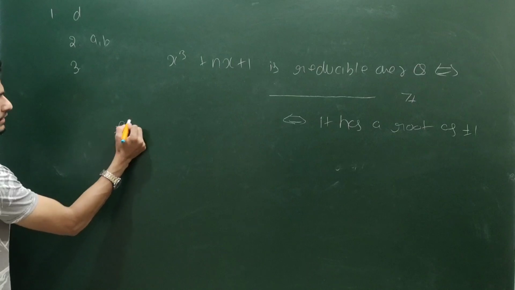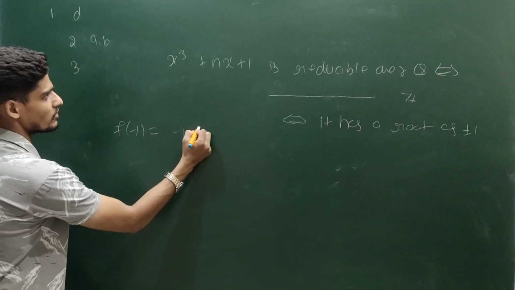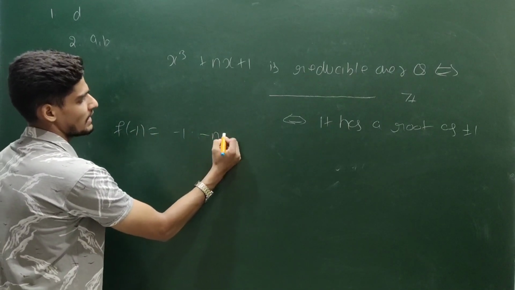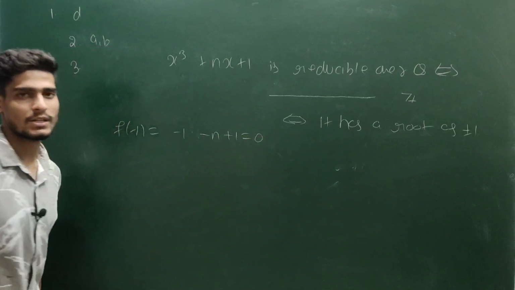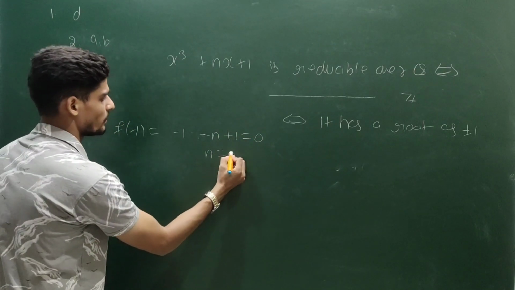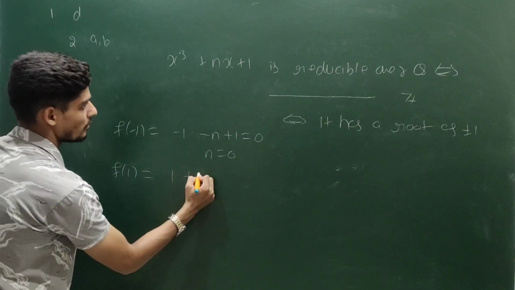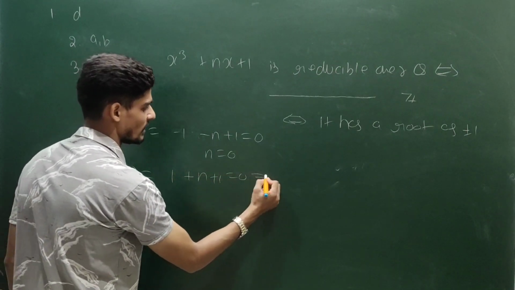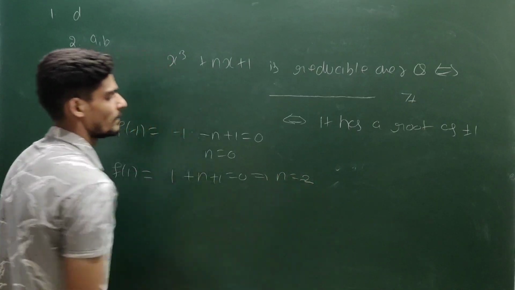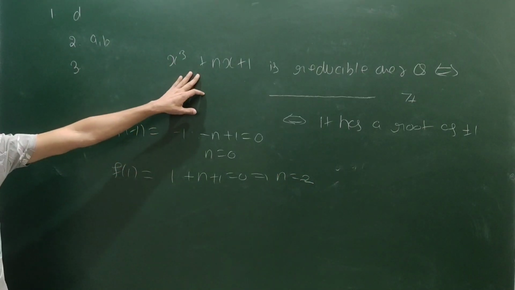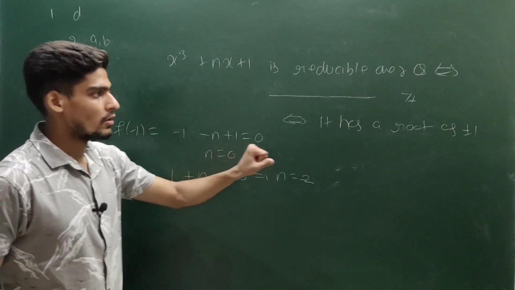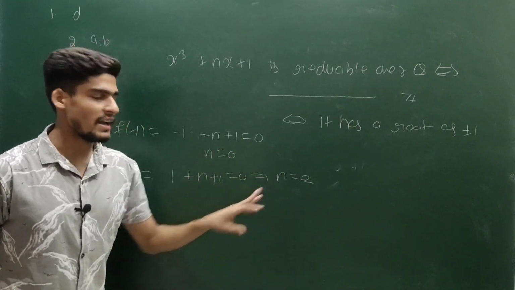So if you check the value at minus 1, you are going to get minus 1 minus n plus 1 equal to 0, because it is a root, so your n value will be 0. If you check for 1, you are going to get 1 plus n plus 1 equal to 0, it will give you n equal to minus 2. So this polynomial has a rational root only for n equal to 0 or n equal to minus 2.